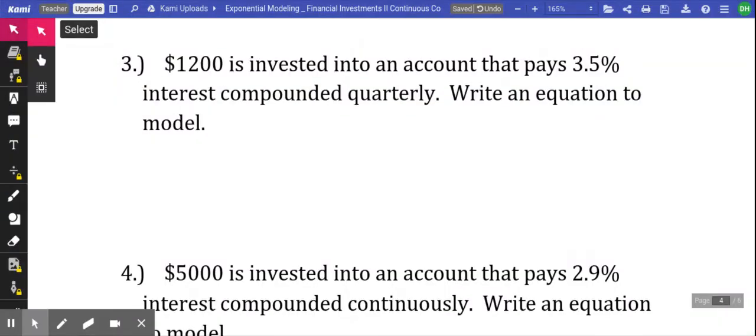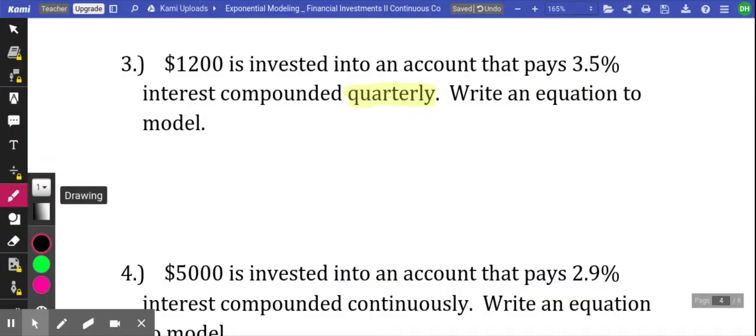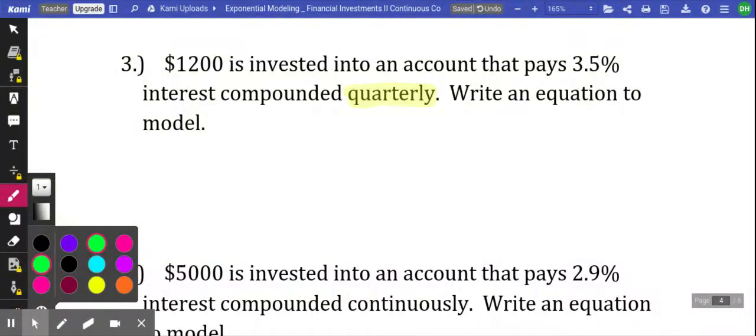Beautiful. Now, in this next one, you'll notice we're compounded quarterly. If something happens quarterly, it happens 4 times per year, so n equals 4, and we've got to use that original formula from the last video. We've got an initial investment of $1,200, our rate is 0.035, and I think we're ready to plug it in.